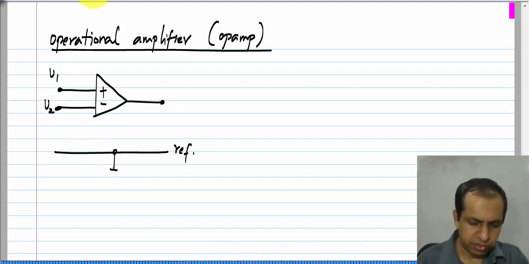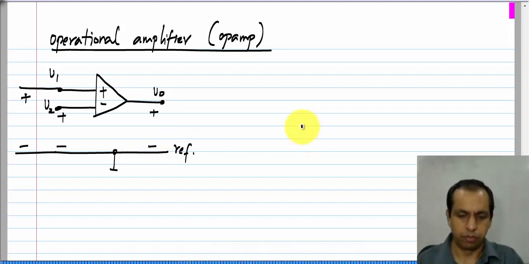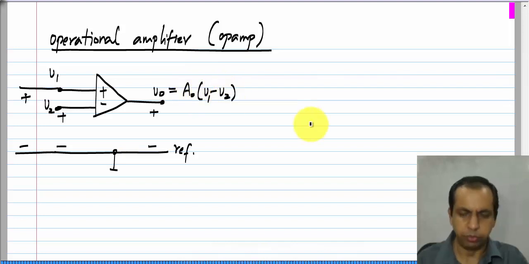That means that V1 is the voltage between this point and ground, V2 is the voltage between that point and ground, and V0 is between that and ground. And this V0 is A0 times (V1 minus V2).